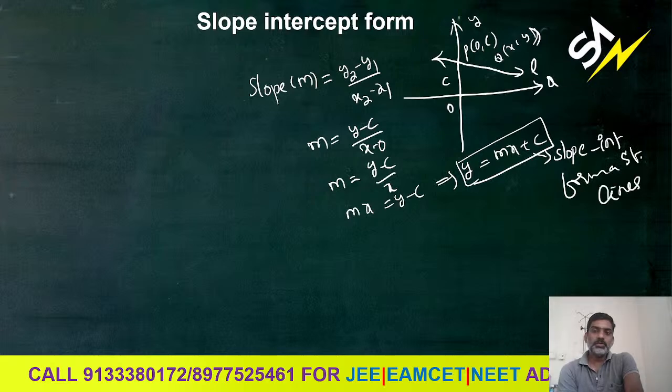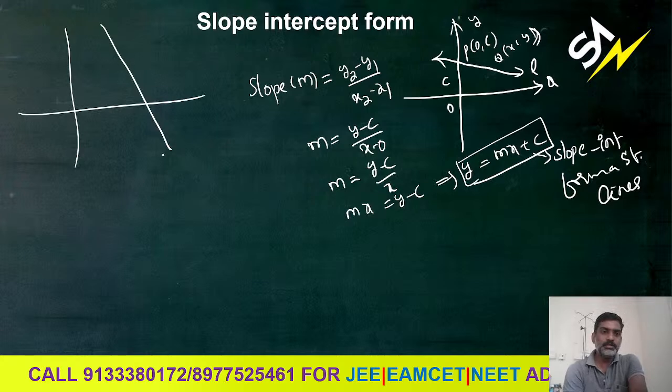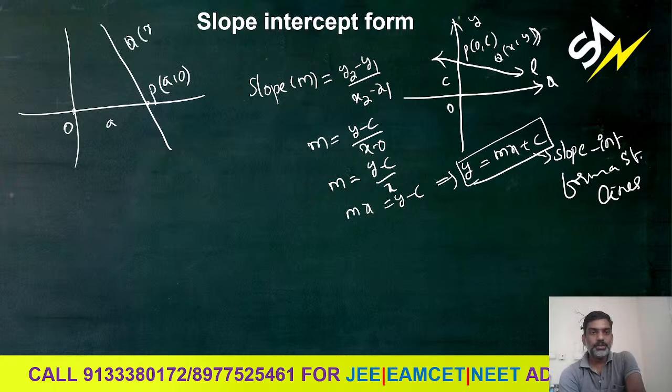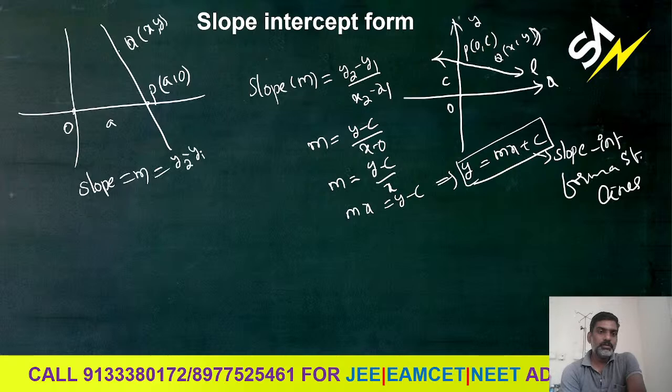But some students get a doubt. Suppose the x intercept is given instead of the y intercept. The line is like this. Then here the x intercept is a units from the origin. Then the point P will be a comma 0, and one more point must be Q, let it be x comma y. Then again the same concept, slope m is equal to y2 minus y1 divided by x2 minus x1.